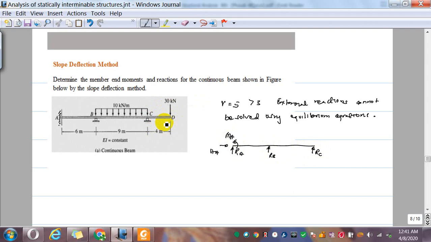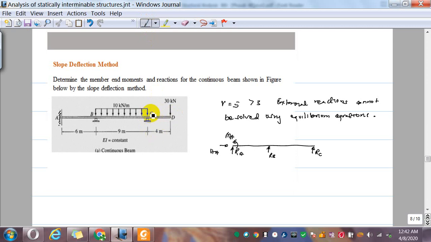What I'm going to do is take this portion out. Of course I can consider it, but to simplify my workout, I can omit it. If you look at this CD, there's a 30 kilonewton load acting at 4 meters, so that is going to apply a moment in the clockwise direction, that is 30 into 4.